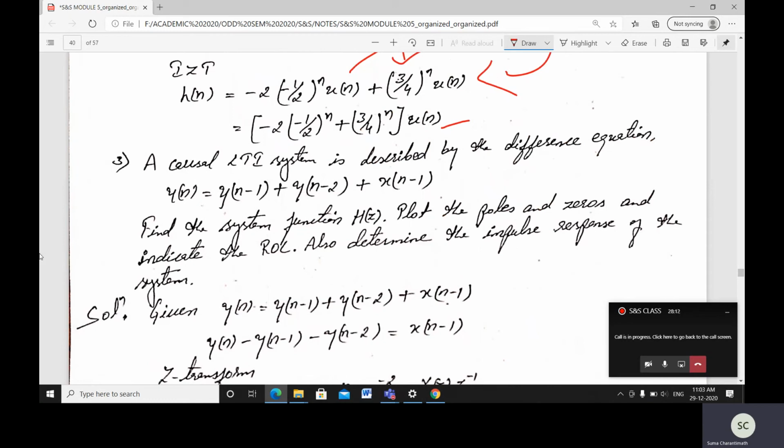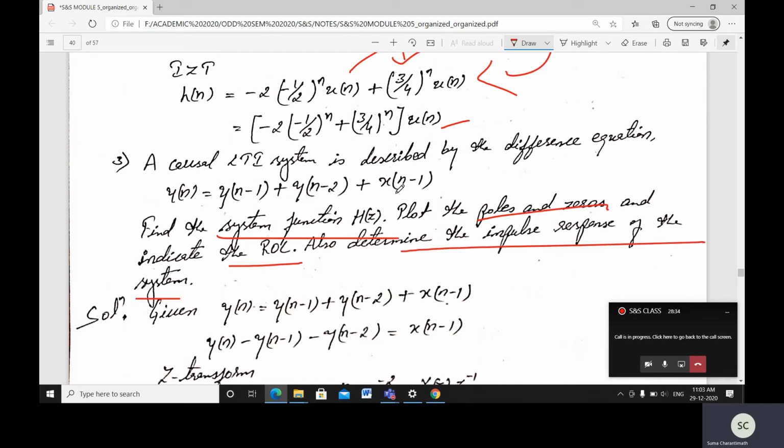Next problem is of a causal LTI system described by the difference equation y(n) = y(n-1) + y(n-2) + x(n-1). Find the system function H(z), plot the poles and zeros and region of convergence, and also determine the impulse response.